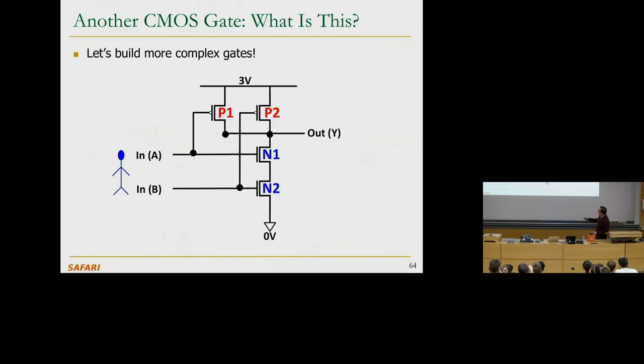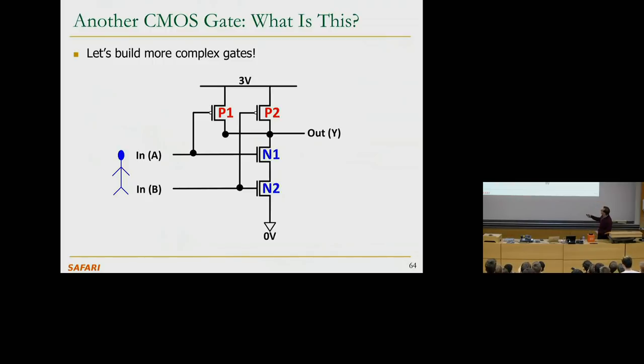And if either of these is a 0, 0 volts doesn't get connected to the output, right? Because one of them will definitely turn off. That's the beauty of the series connection. So if A or B is a 0, 3 volts get connected to the output, and 0 volts doesn't connect to it. So if either of these is a 0, then you get a 1 at the end.